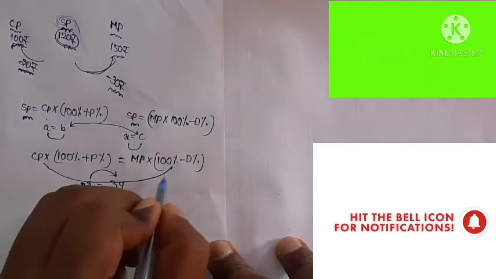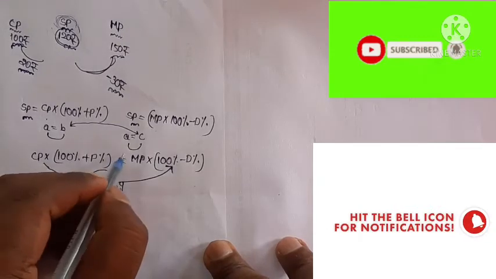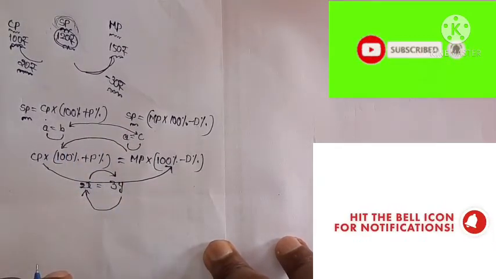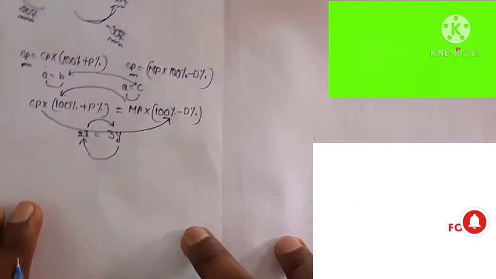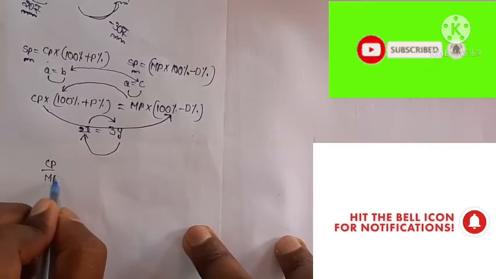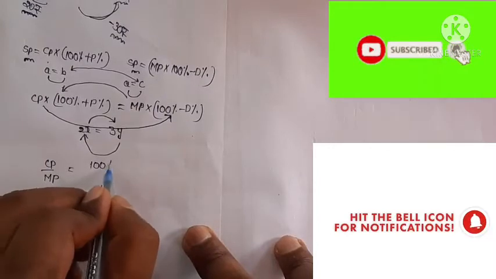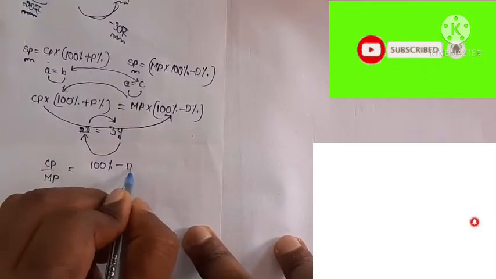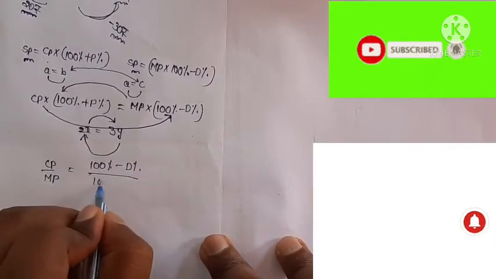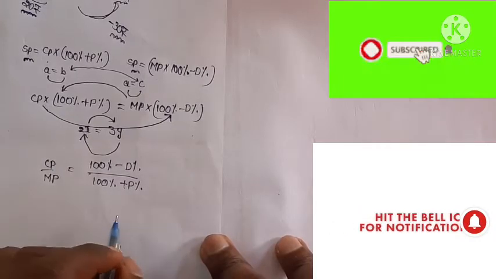Similarly, cost price by market price is equal to 100% minus discount percentage by 100% plus profit percentage.